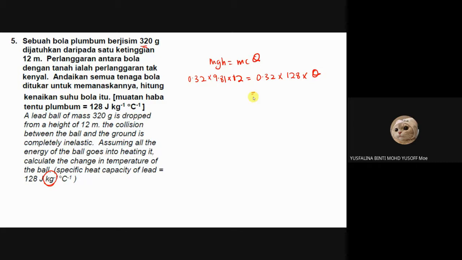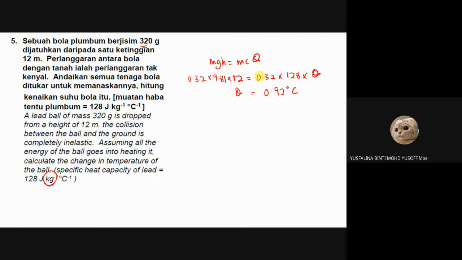I got 0.92. Okay, right. So theta is 0.92 degrees Celsius. For every calculation, you have to show the steps, how you get the answer.